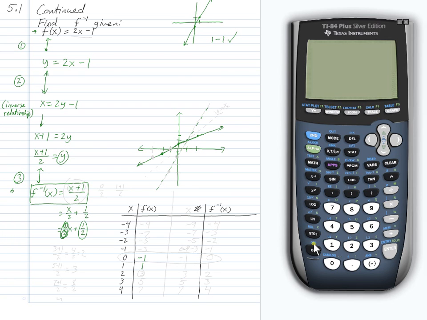If we plug in 2, we get 4 minus 1. Plug in 3, we'll get 6 minus 1. Plug in 4, we'll get 8 minus 1, and so on. If we go in the negative direction, -2 minus 1 would be -3. -4 minus 1, -5. -6 minus 1 would give us -7, and so on.